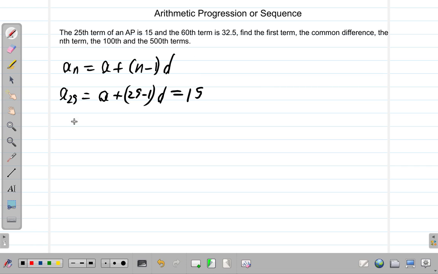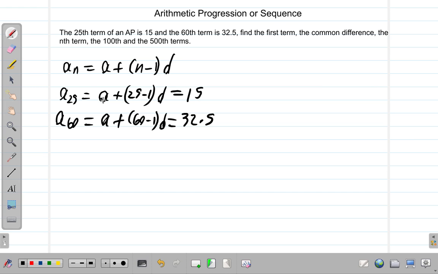Alright? Then A60, the 60th term, is A plus 60 minus 1 D equals 32.5, let's say. Alright.